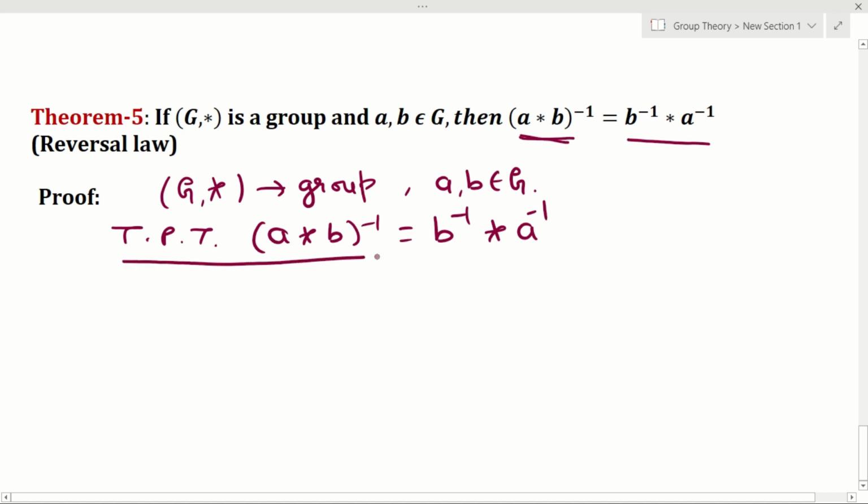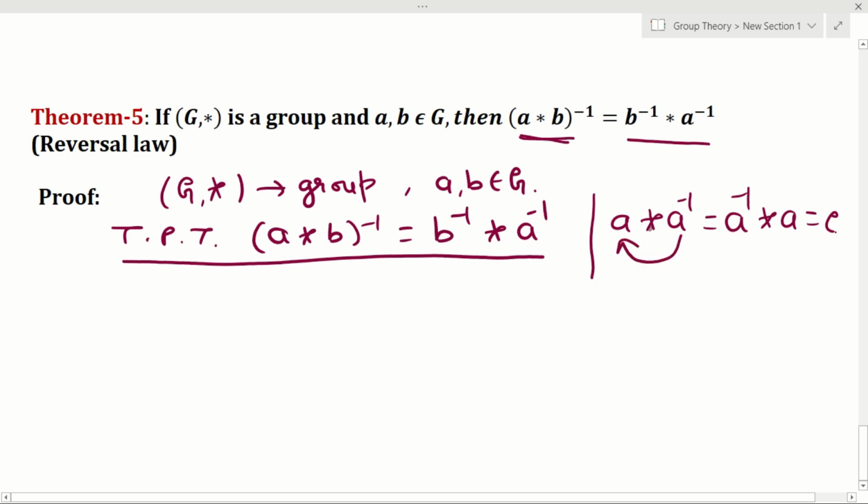Okay, this is our aim. Now you can read it as inverse of A star B is B inverse star A inverse. So what is A inverse law? A star A inverse is equal to A inverse star A is equal to E. So here A inverse is called inverse of A, or A is called inverse of A inverse.